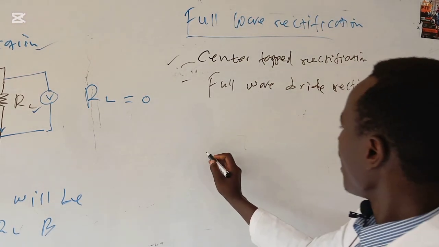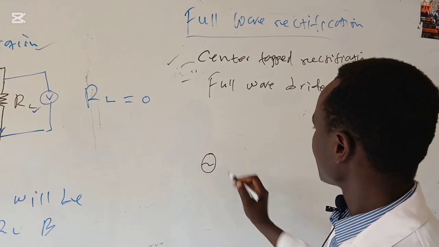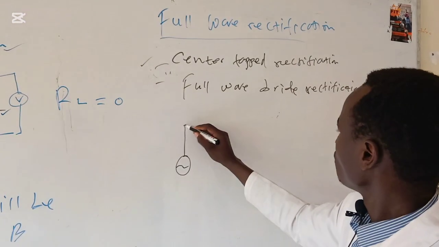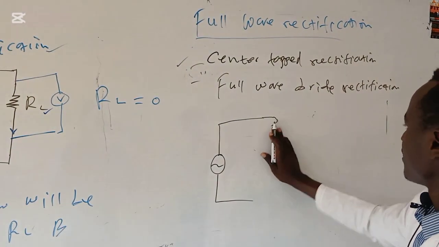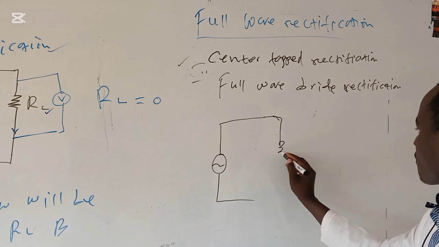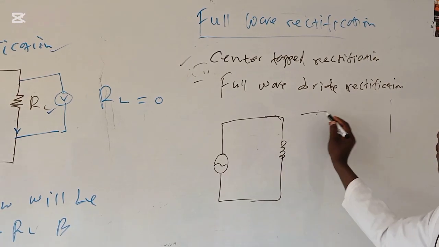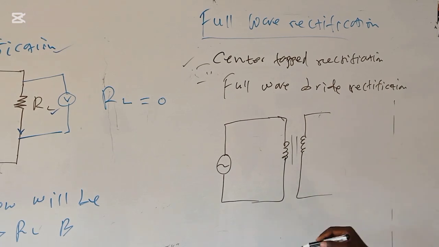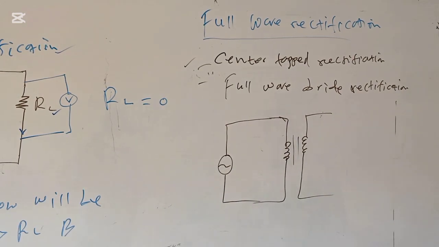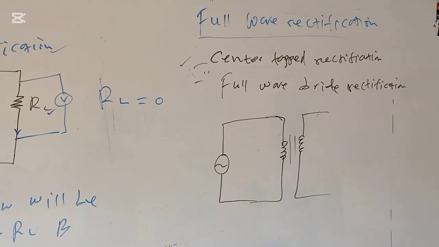Again here, we will have our alternating AC voltage through a transformer. This is the sign of a transformer. In the center tapped rectification, we use two diodes.